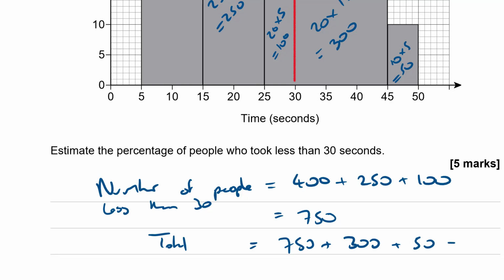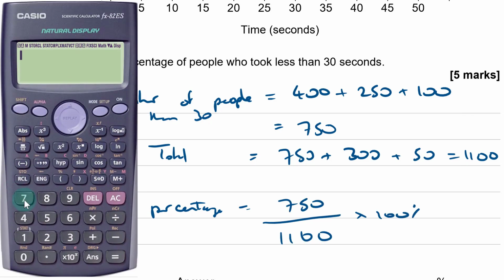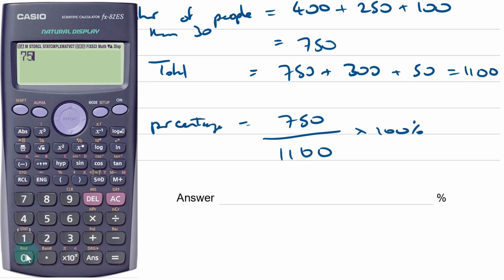So it adds up to 1,100. So then my percentage is going to be my 750 divided by the 1,100 times 100%, which is 68.2%.